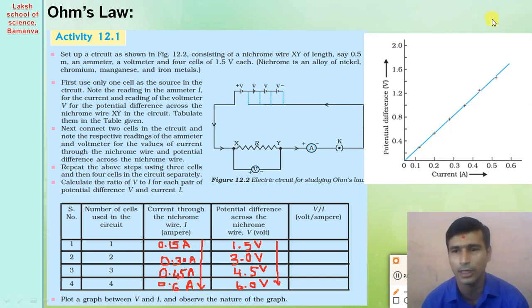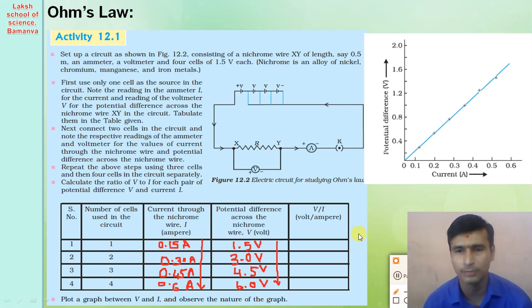So if we draw a graph of the potential difference versus the electric current, its graph looks like a straight line. So from this activity we can conclude that as the potential difference across the conductor increases, the electric current passing through the conductor increases, right?